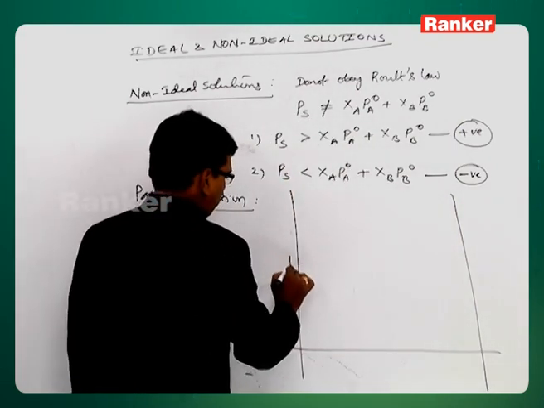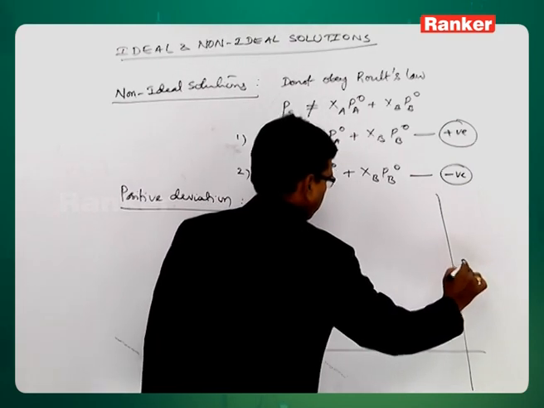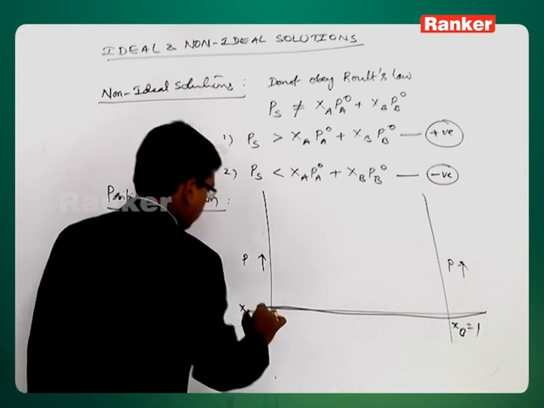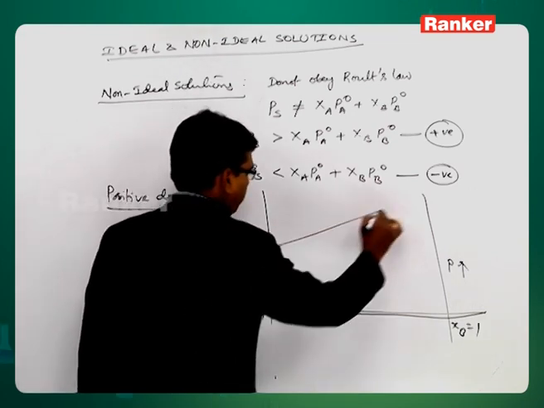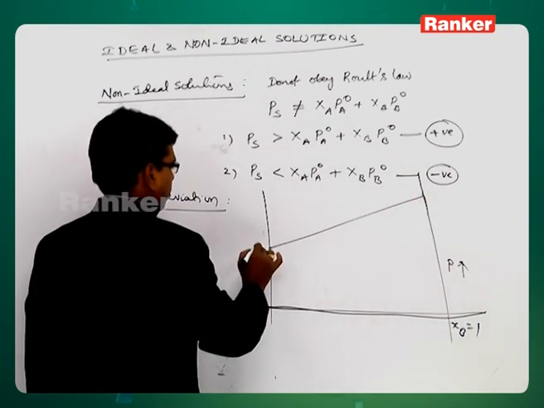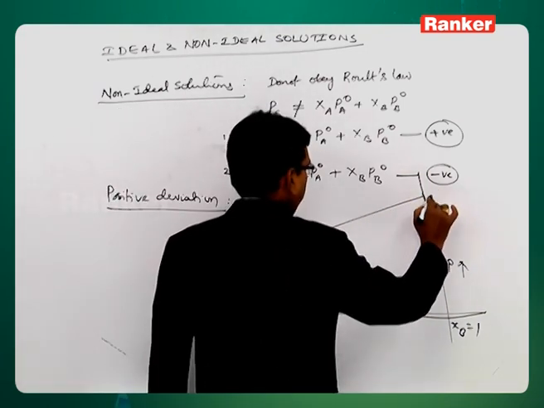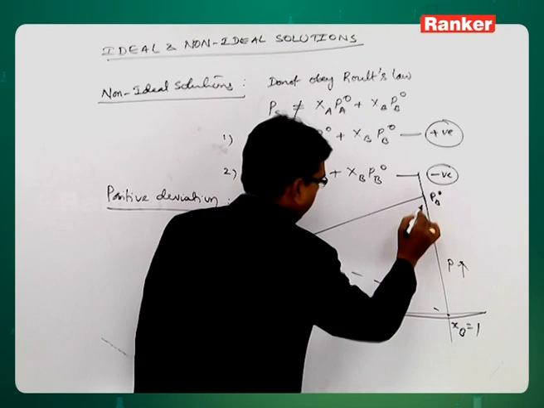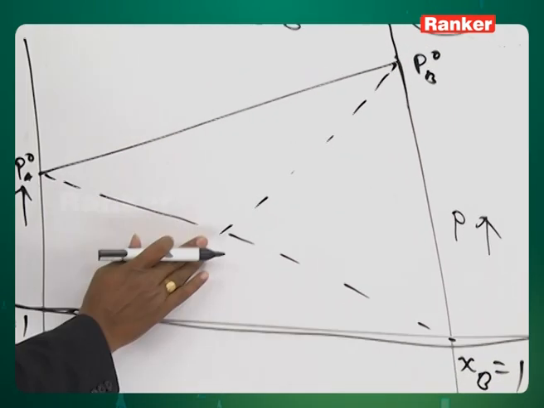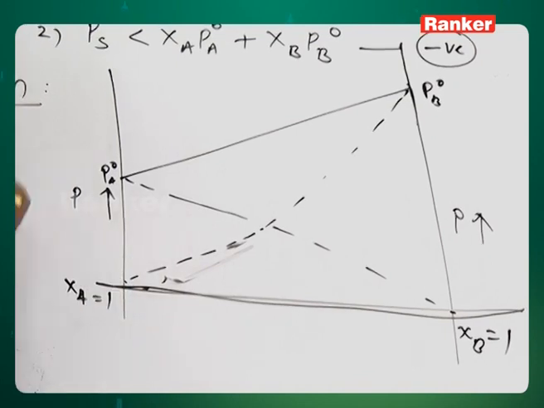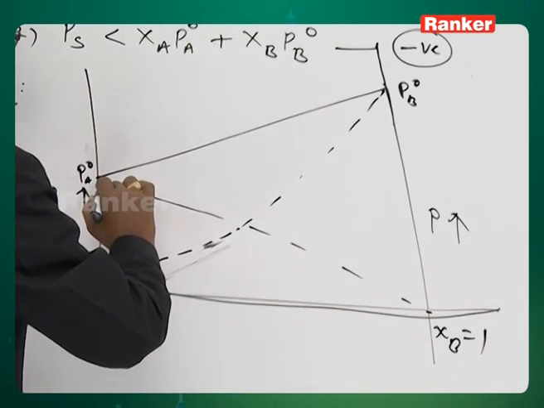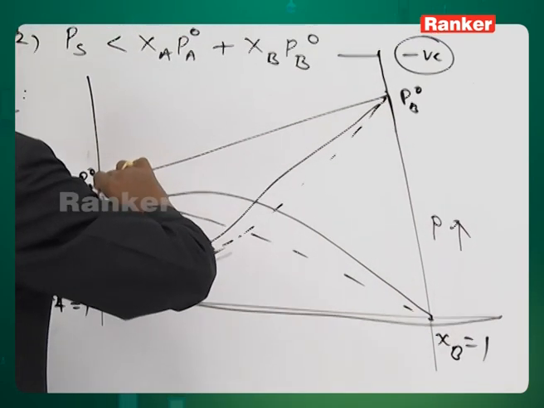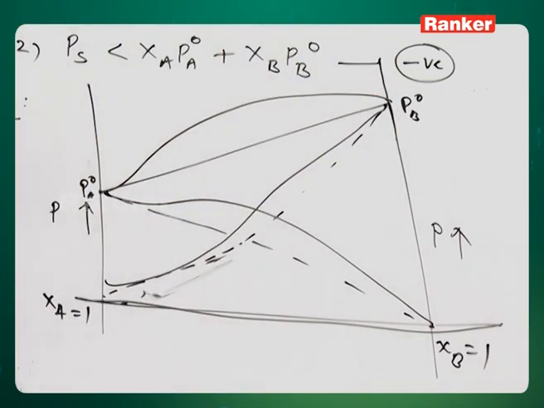for an ideal solution, XB is equal to 1, XA is equal to 1. For an ideal solution, we have already seen this kind of graph, where this is say like PA naught, PB naught. But now in the case of non-ideal solution with positive deviation, the vapor pressures will be like this and the vapor pressure of the solution will be like this.